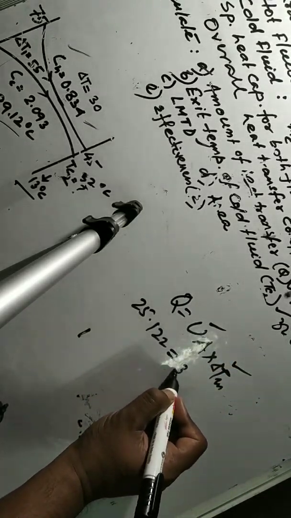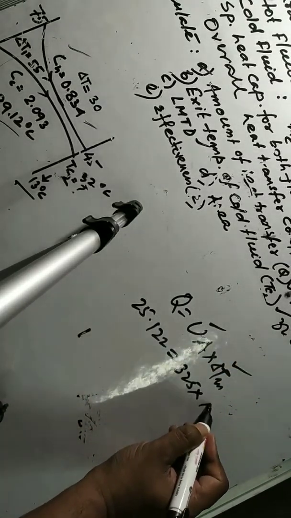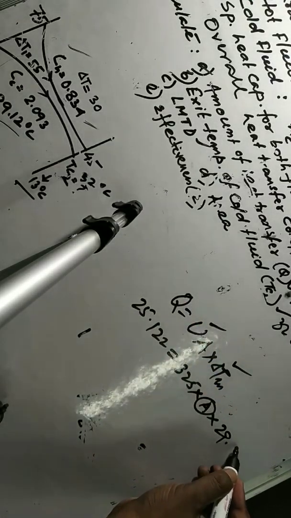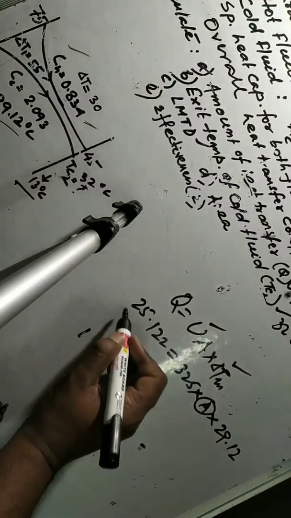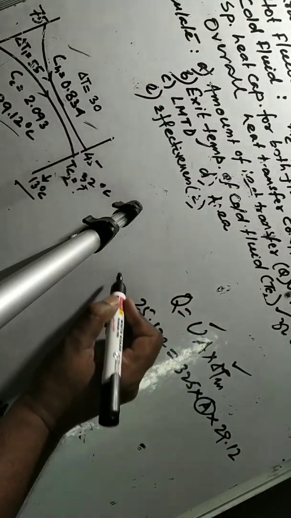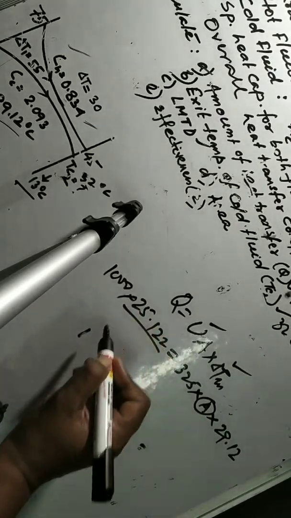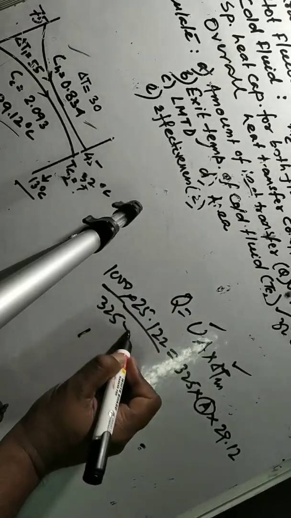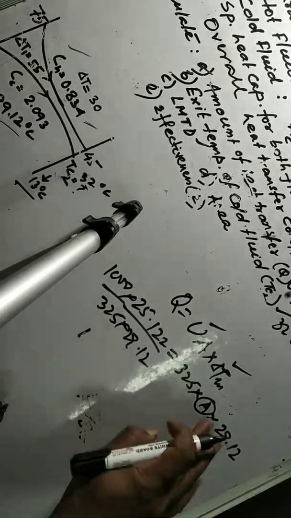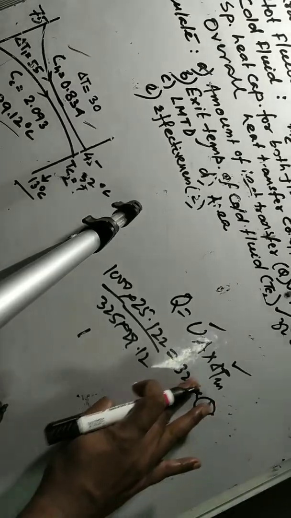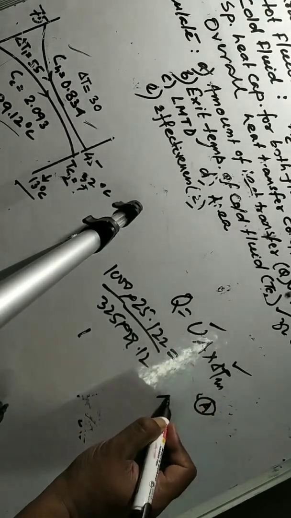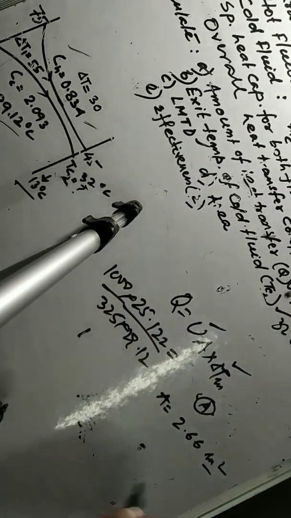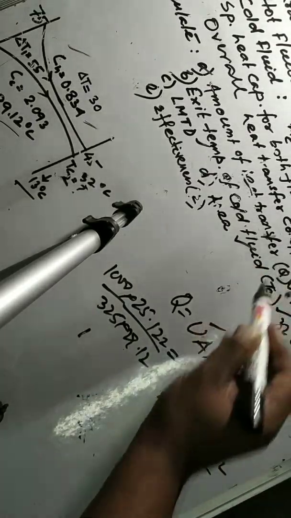U is 325. Area you need to calculate, LMTD is given, 29.12. Remember this is kilojoule, so you can multiply by 1000 for joule. So area will be coming 2.66 meter square. So area already you got.